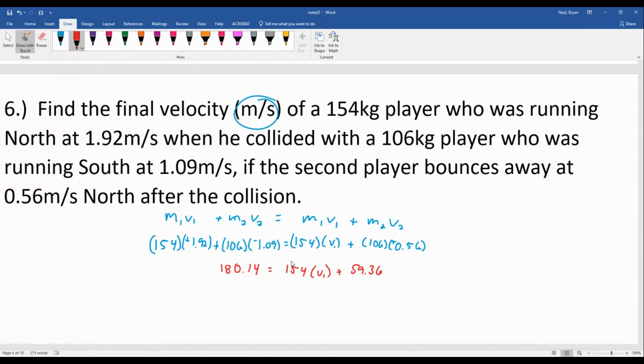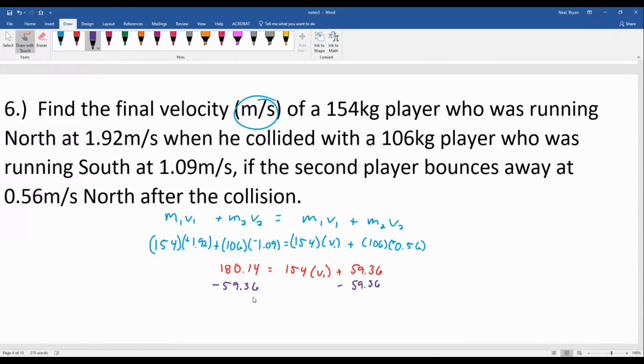They don't go together. So we have to start actual algebra skills and solving, right? So when I get V by itself, it means the 154 has to go away, 59 has to go away. You want to do the easier one first. So do the addition and subtraction in an equation until it stops helping. Right, so minus 59.36, minus 59.36.